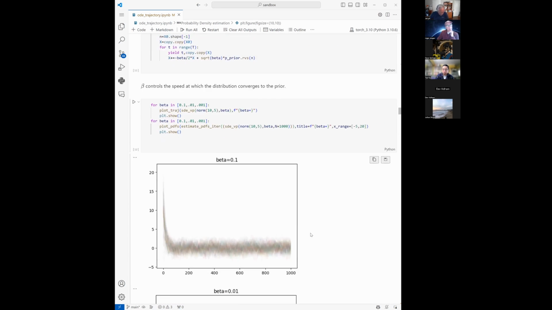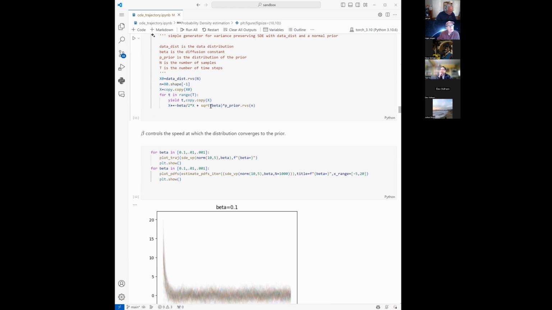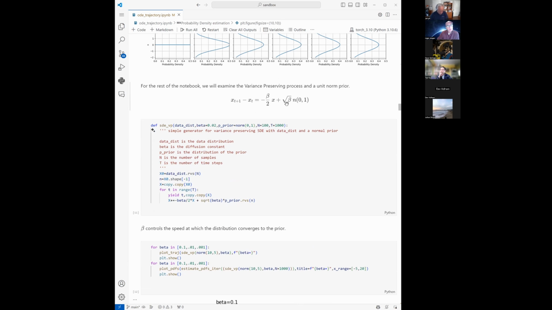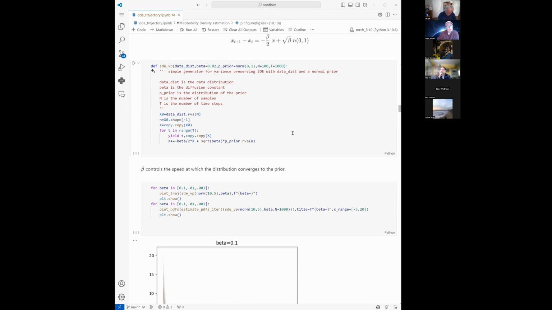So the beta basically controls, let's see, how is beta used here? You take the beta and multiply it times the random, the square root of beta times your noise is what you're adding. And then minus beta over 2 times x is the other part of the variance preserving parameters.